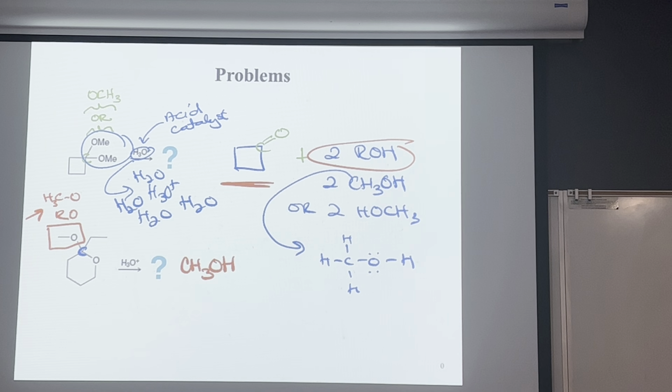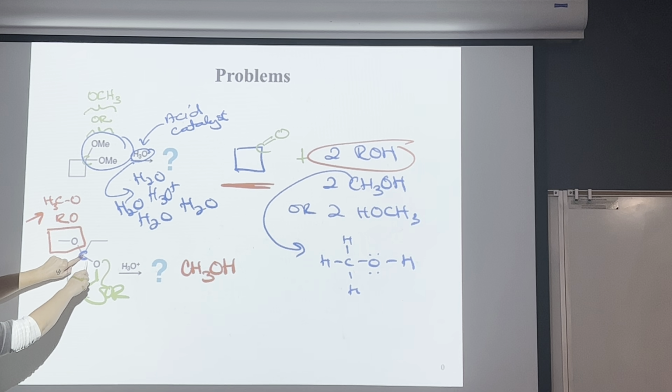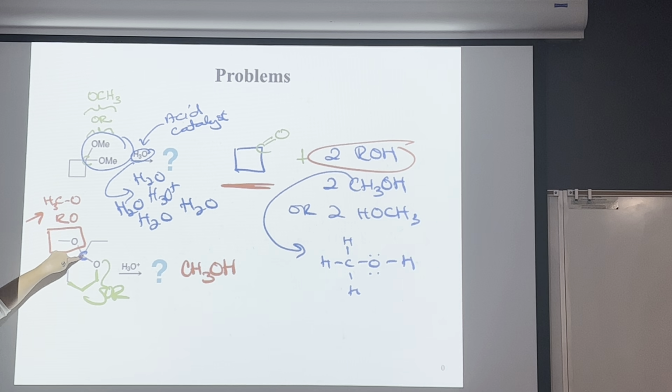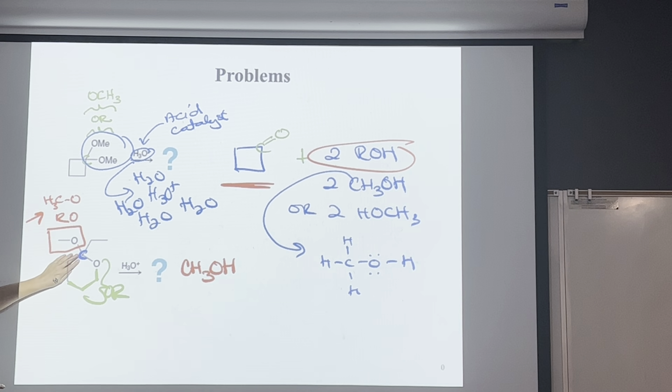Okay. Now, the other side over here, can you guys see how this is also OR? So we've got OR and we've got OR here. Are we okay with that? Okay. The problem for us is it's connected on the back side, and so we're like, oh, I don't like that.